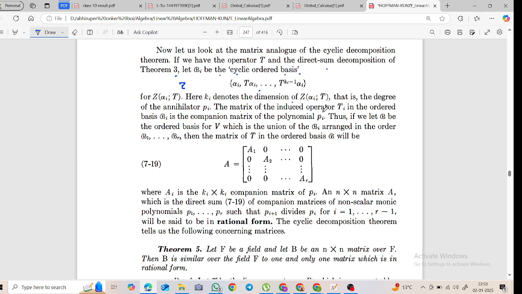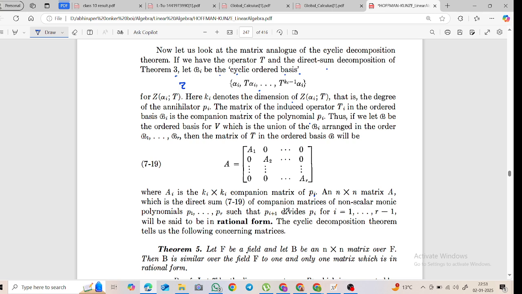The matrix of the induced operator Ti in the ordered basis beta i is the companion matrix of the polynomial Pi. Thus, if we let beta be the ordered basis of V which is the union of the beta i, then T in beta looks like this, where Ai is the Ki cross Ki companion matrix of Pi.